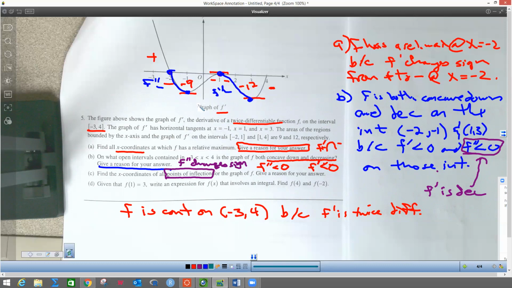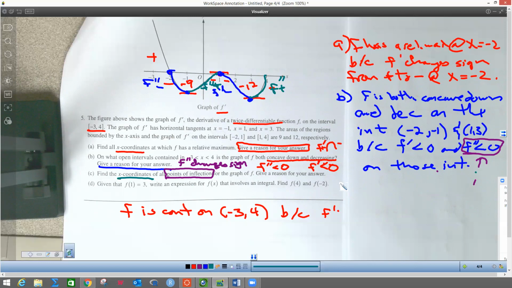Okay, I'm going to use green. F double prime is increasing here because it's the slope of this, and here because it's the slope of this. And this is decreasing the whole way, so this doesn't change. This could all be blue if you want. So that means there's a POI at -1. Now again, notice it says x coordinate only, so all I have to worry about is the x coordinate.